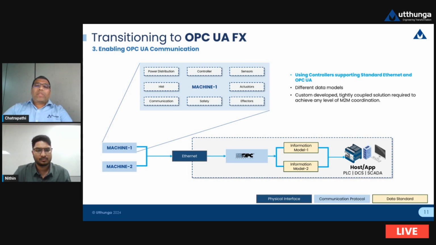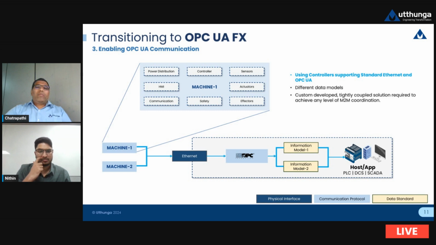But still, the information model could be different on each of these machines, since these are custom built machines, and the machine builder may have used components from different OEMs, and they might have configured the information model differently for these machines, even including the basics of identifying a machine and its nameplate and so on to that level. So still some customization is required to understand both the information models, and to digest that information and provide some level of coordination.